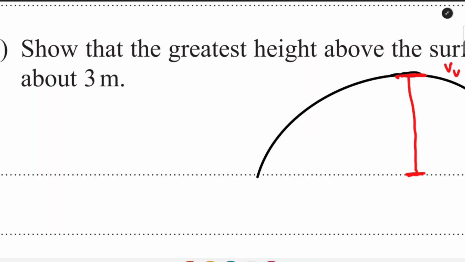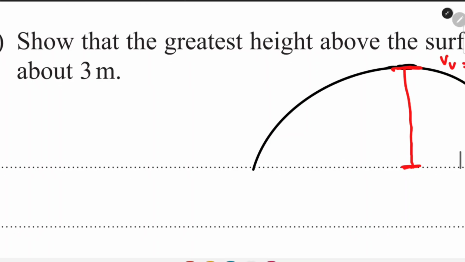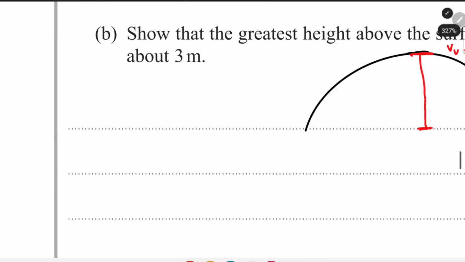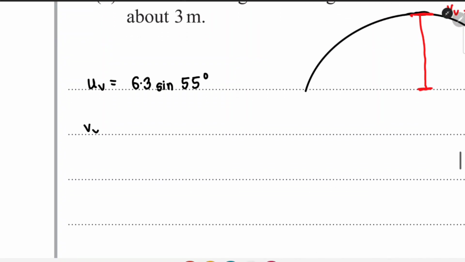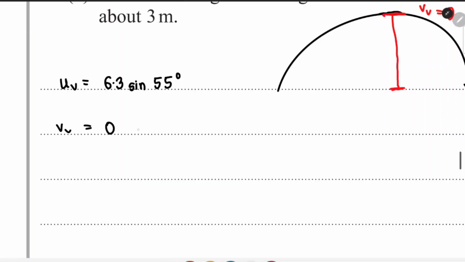So now we'll just do equations for free fall. The initial vertical velocity is 6.3 sine 55. We already did this in the last one. The final vertical velocity is 0. We don't know the time. We want to find the distance.